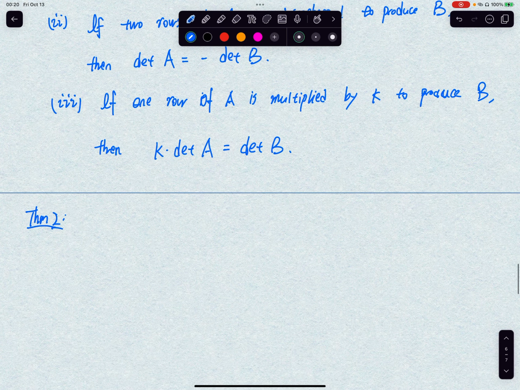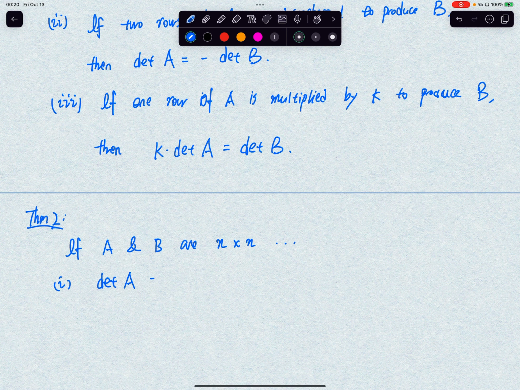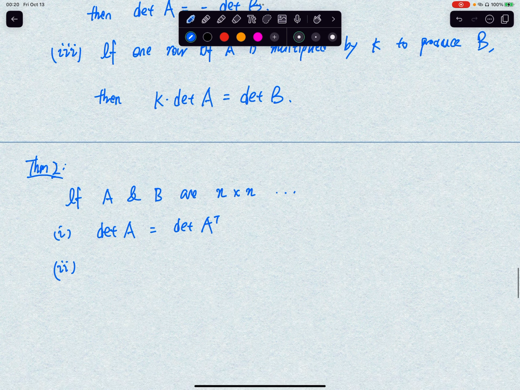So, for example, if A and B are both n by n matrices, then first of all, we have the determinant of A equals the determinant of A transpose. We have seen that in the two variables case, and this holds in general.